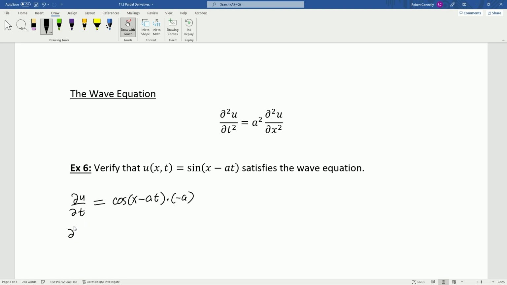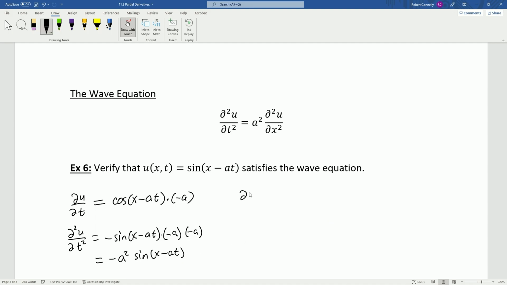And then when I take my second derivative, the derivative of cosine will be negative sine times, and the chain rule is going to give me another negative a here. So negative a times negative a is a squared. Put that in front, and it's all negative a squared sine of x minus at.